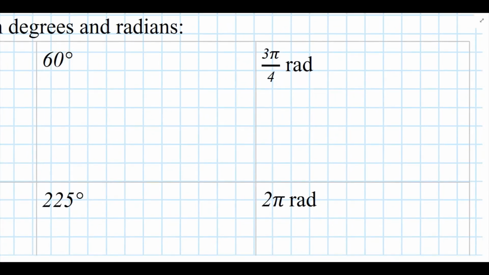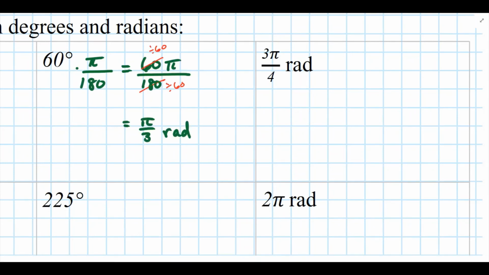In the next example, I will multiply by pi over 180, since this fraction is equivalent to 2 pi over 360. For the next example, I will multiply by 180 over pi.